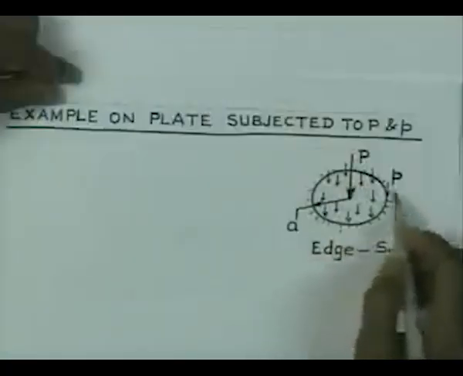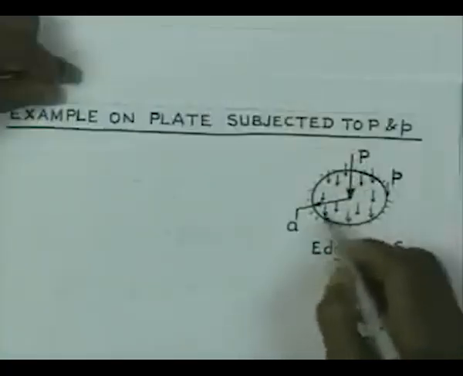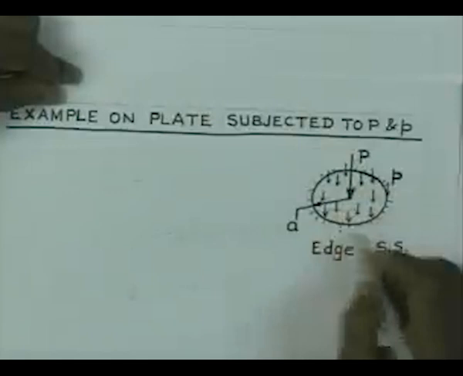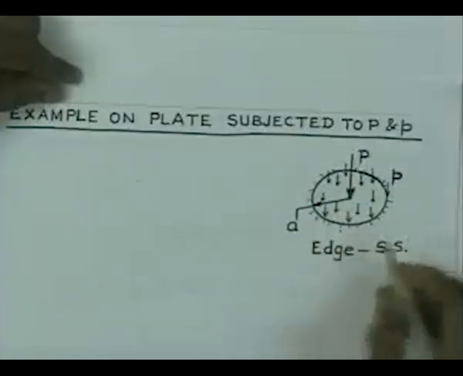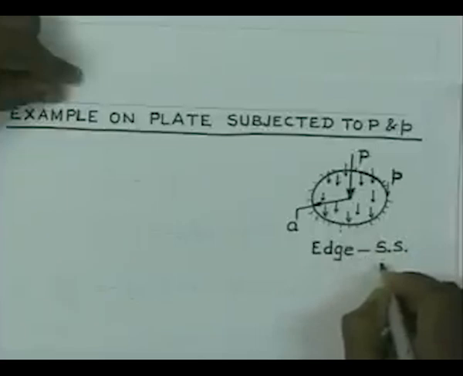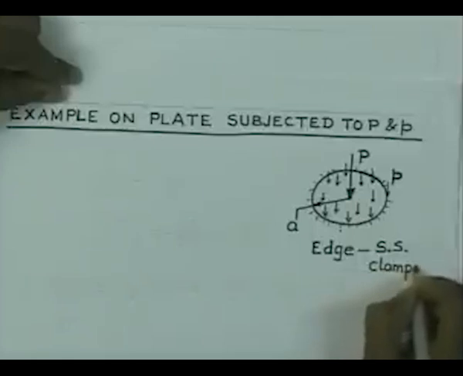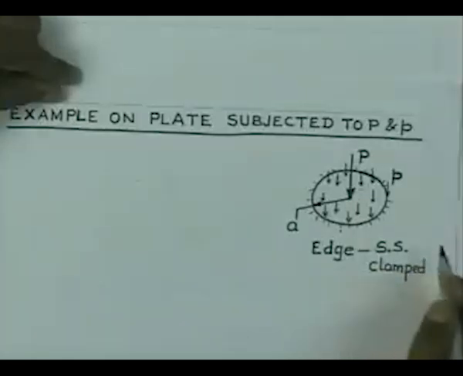So, we will now try to consider a general case. We have a situation like this, that the plate is supported at the edges, and it could be simply supported or clamped. Let us write both the possibilities, and we will just go ahead with a general derivation.